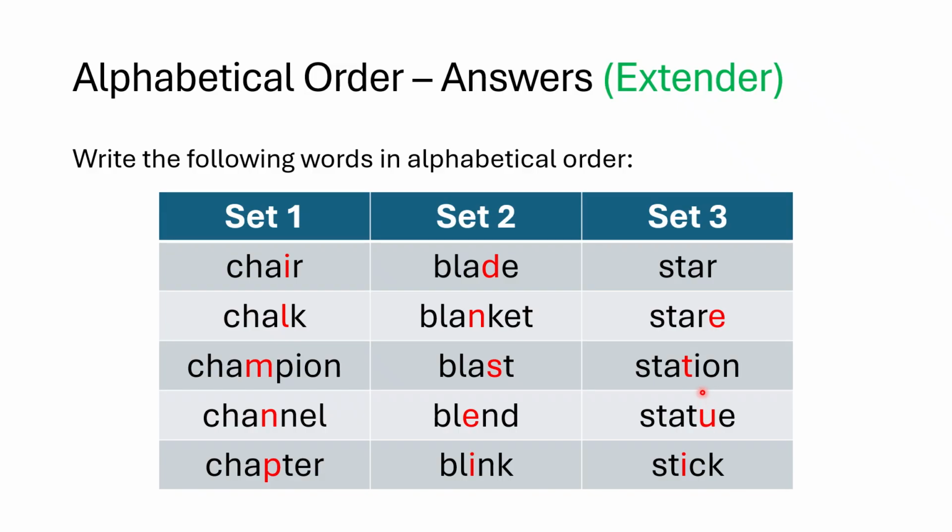So I comes first, then U. Statue and stick have different third letters. So A comes first, then I.